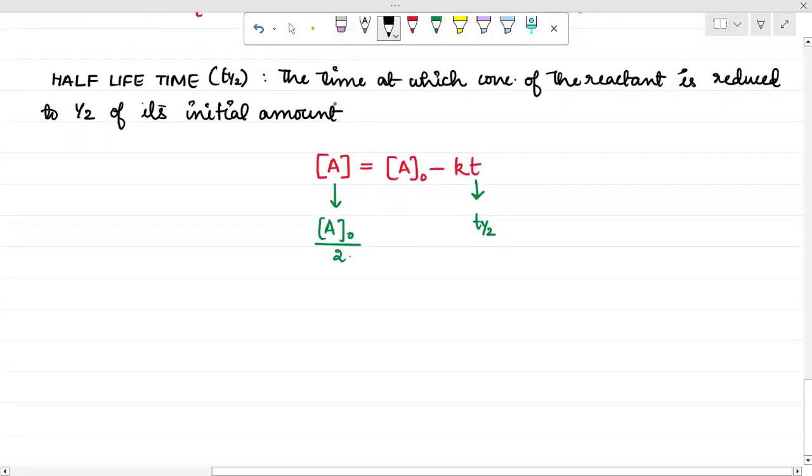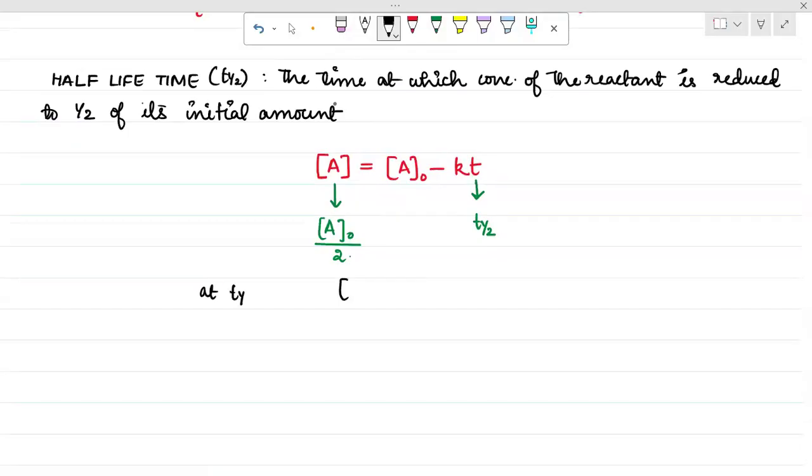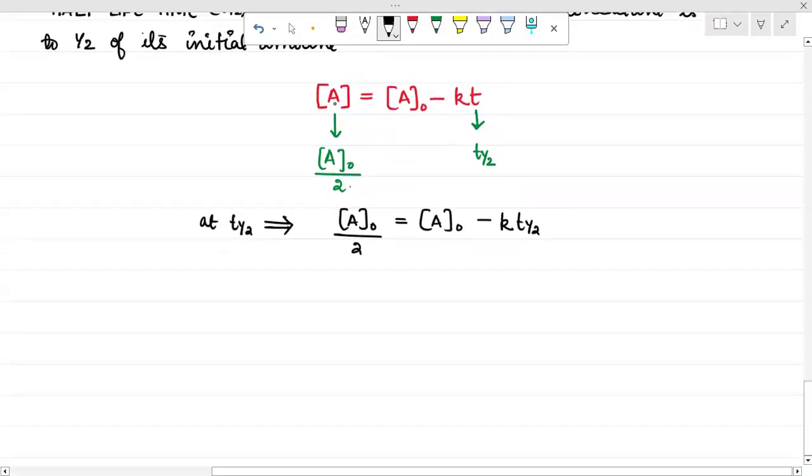Okay, now let's try to put the values and try. So at t half, what amount of concentration will be left? A naught by 2. What is initial concentration? A naught, that won't change, minus k t half.